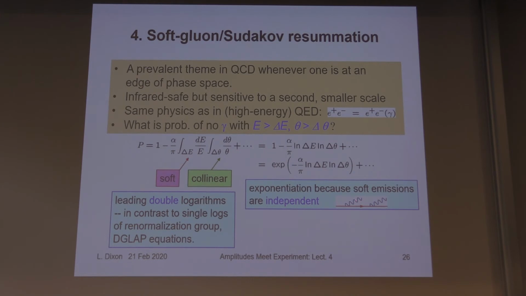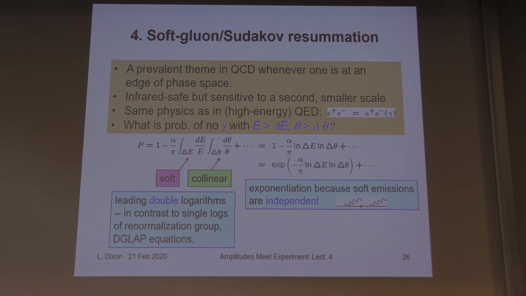Because this photon doesn't have a color, and so this graph is the same if this photon is emitted anywhere with respect to this one. And so exponentiation is much easier to achieve in QED, whereas in the QCD case, it's a little more tricky, at least to identify subleading logarithms too.